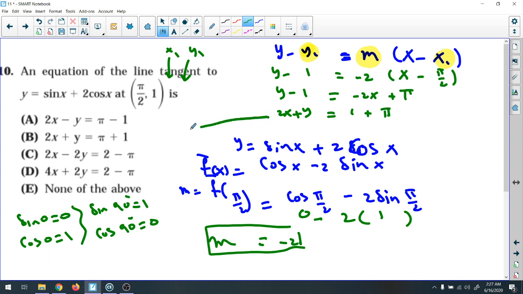If you look at that, it matched with B. 2x plus y equals pi plus 1, and this is the answer.